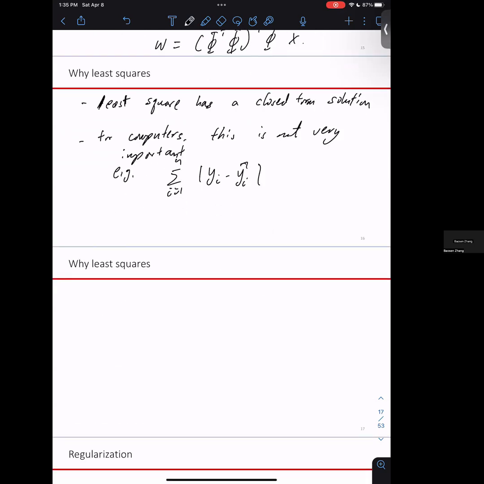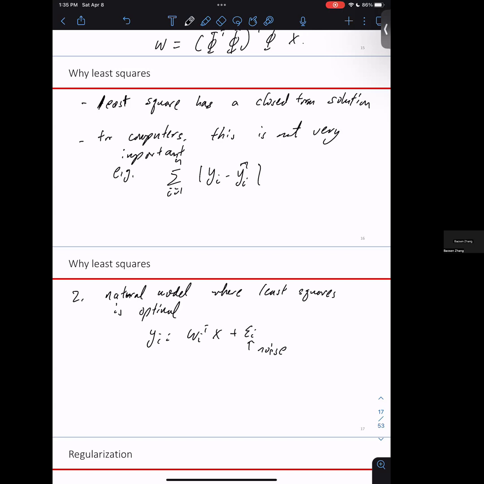And the second reason is that there is a clear statistical interpretation, right? There's a natural model where least squares is optimal. So a very natural way to think is that the actual model is linear plus a little bit of noise, right? So we can measure x and y, we cannot measure this little bit of noise.